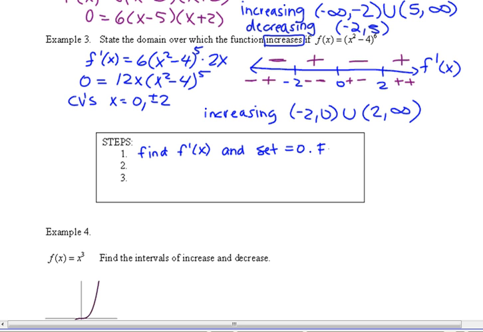Find CVs. Okay. Then we placed CVs where? Boys, do you want to leave if you're too busy to be here? Where do we place the CVs? On the number line. And then we tested them, right? And then state the interval solution.